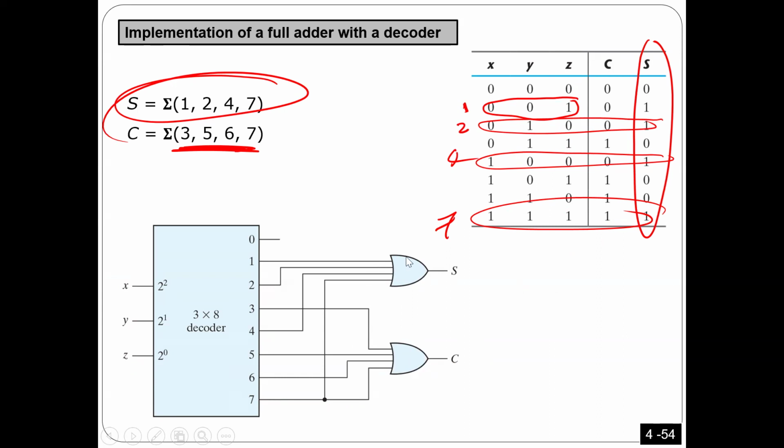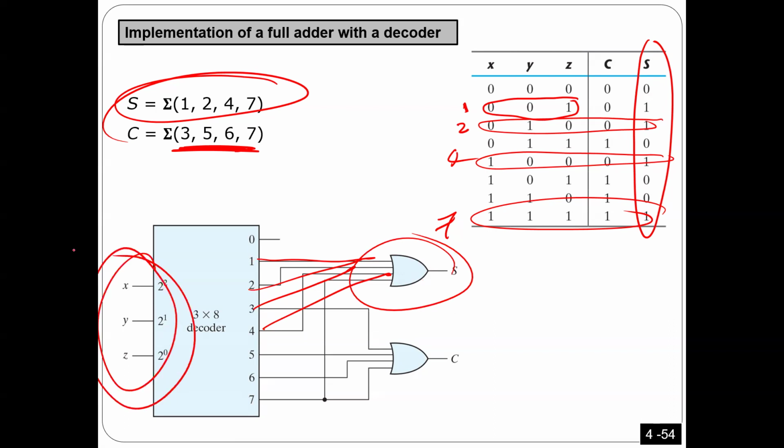That's why I will connect the OR gate to output number 1, output number 2, output number 4, and 7. That's very simple. So if I give you any function, you can simply implement it using a decoder and OR gates. All you have to do is connect the minterms of this function to the OR gates. That's it. But you have to make sure that the number of inputs here equals the number of inputs of the function. Any questions?